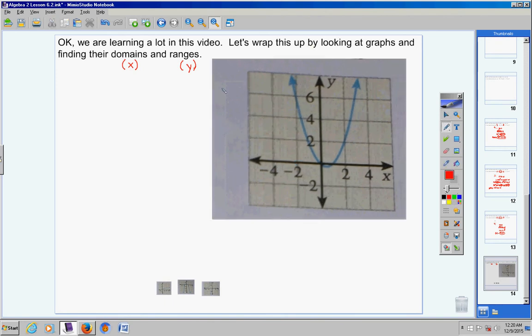First of all, I'm going to deal with my x values. So the wisest thing to do, in my opinion, is just to cross off the y-axis so that you don't get confused by it. Just ignore the y-axis. The only thing we're going to look at is the left and the right behavior of the graph.